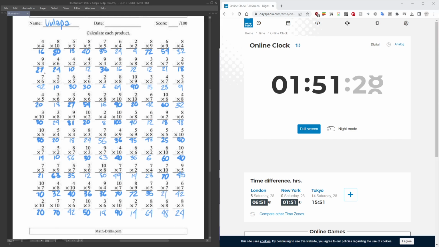Let's just make sure that we didn't miss anything. Just make sure that numbers are legible. We made a mistake here because I was jumping ahead on thinking of the 5s here.